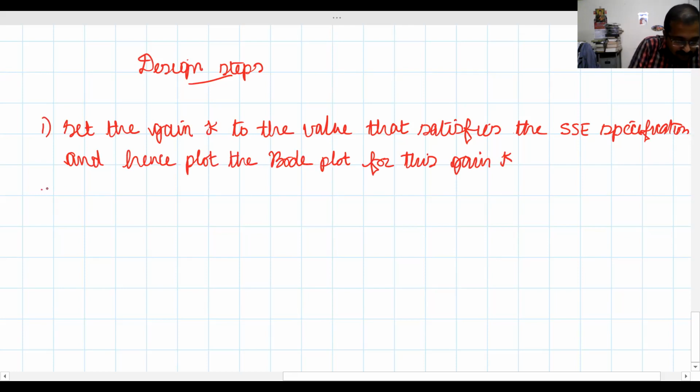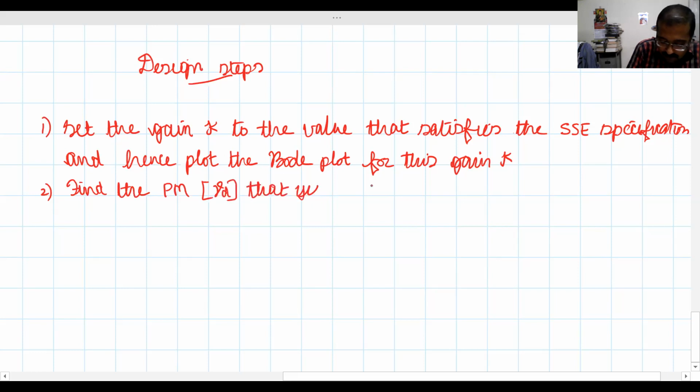Two, find the phase margin gamma d that yields the desired transient performance.